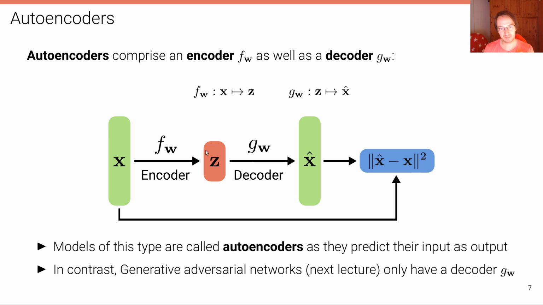So it's a deterministic mapping that goes from X to C. And then there's another deterministic mapping that takes that compressed representation and tries to reconstruct that input. And we call that X hat. And the reconstruction will typically not be the same as the input, as there will always be some loss that we have to pay through this compression that we do. And we're trying to minimize the discrepancy between the prediction and the original input to the model.